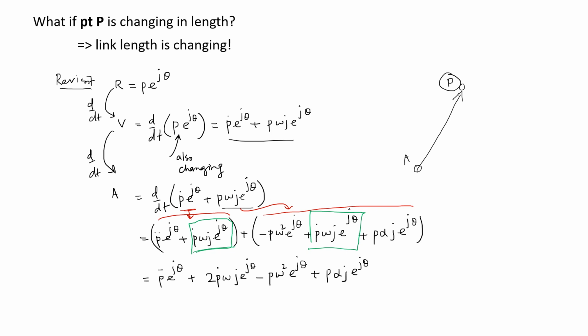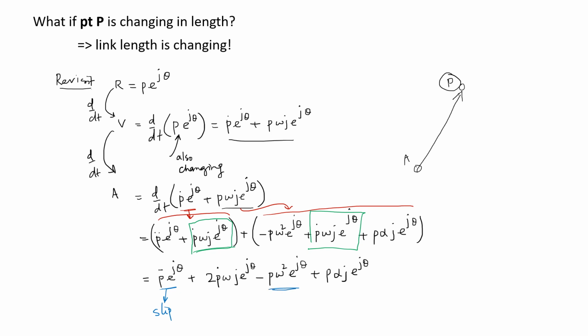And if I identify the nature of these acceleration terms, they would sound familiar to you. Obviously I can see that there is this term with the p double dot. This actually is because when the link length is going to change, there is possibility of having a slip in that movement. There's this term that you have seen previously.